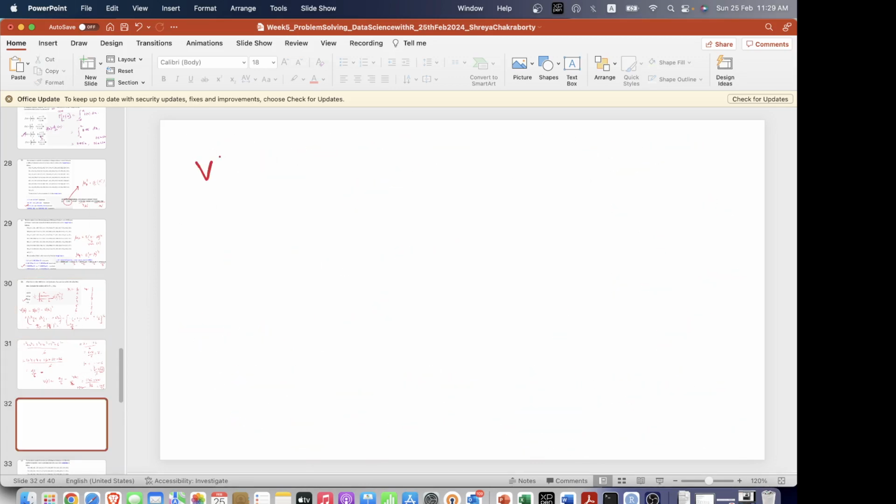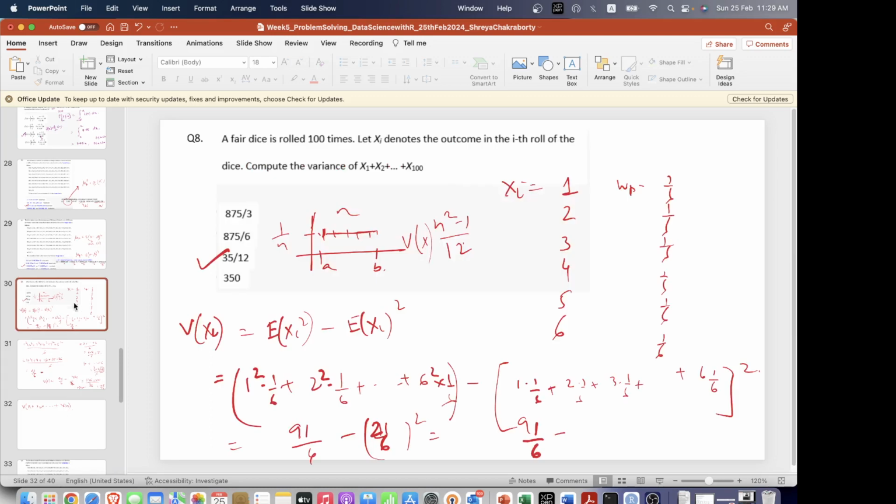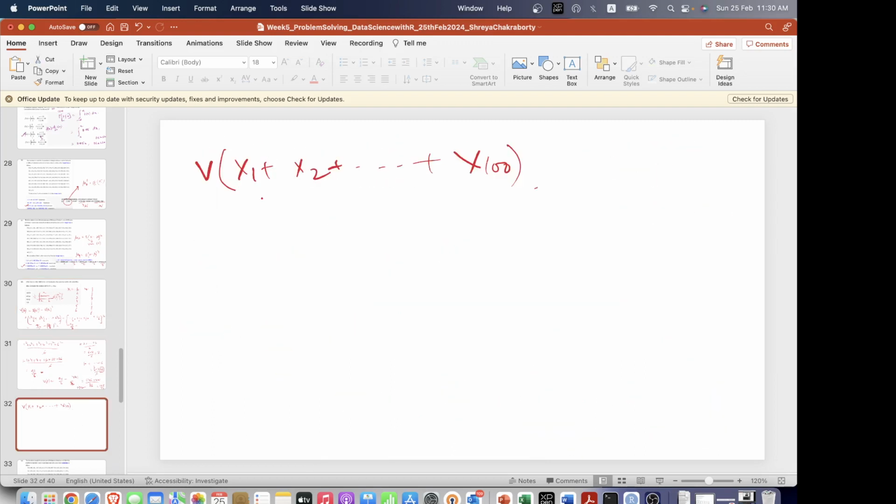Now we have to find out variance of x1 plus x2 plus up to x100. Now the thing is, a fair die is rolled 100 times, they are saying. This is variance of xi.